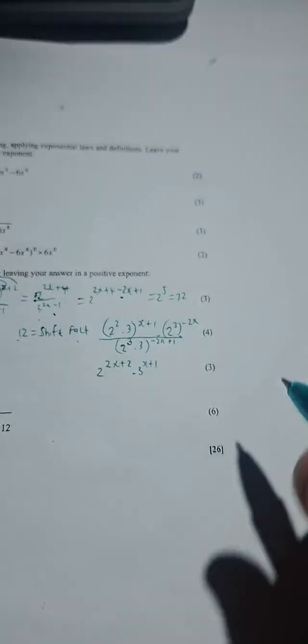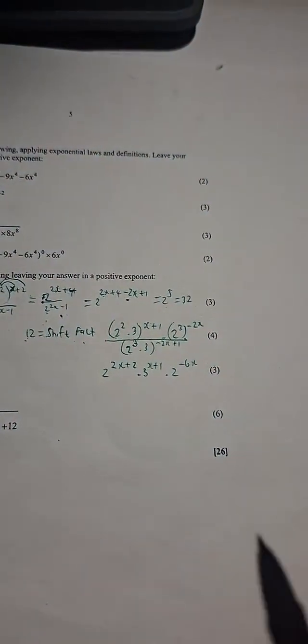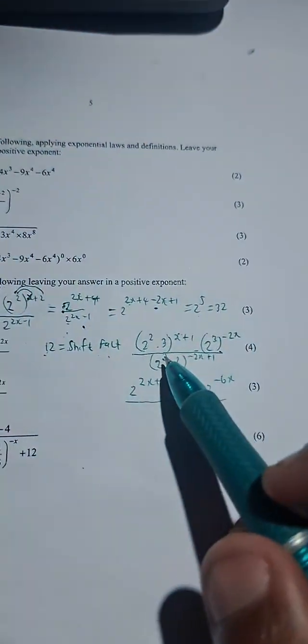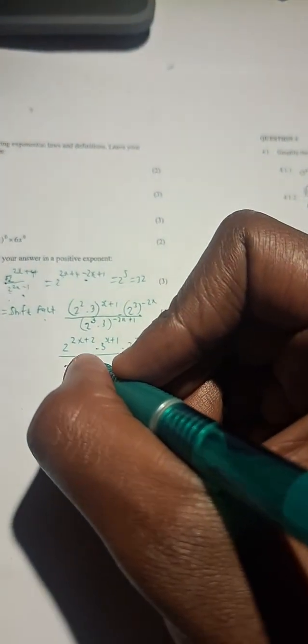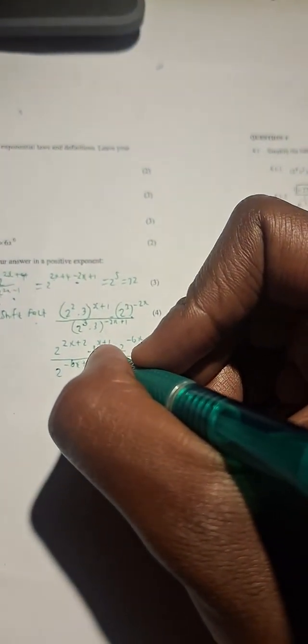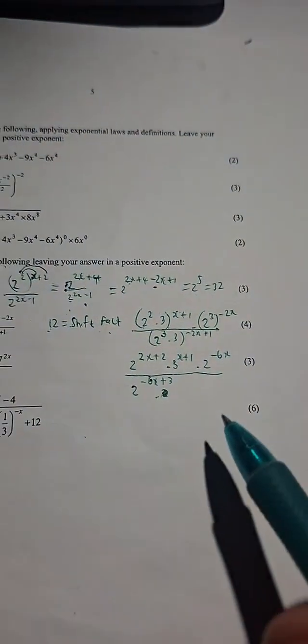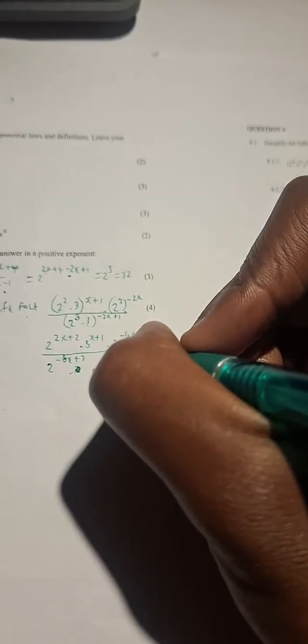This 3, same thing, there's an exponent 1 there, you distribute, 3 to the power x plus 1. This 3, you multiply and distribute, 2 to the power negative 6x over 2 to the power 3: 3 times negative 2x gives negative 6x, and 3 times 1 is plus 3, sorry. And lastly the 3, that's 3 to the power negative 2x plus 1.